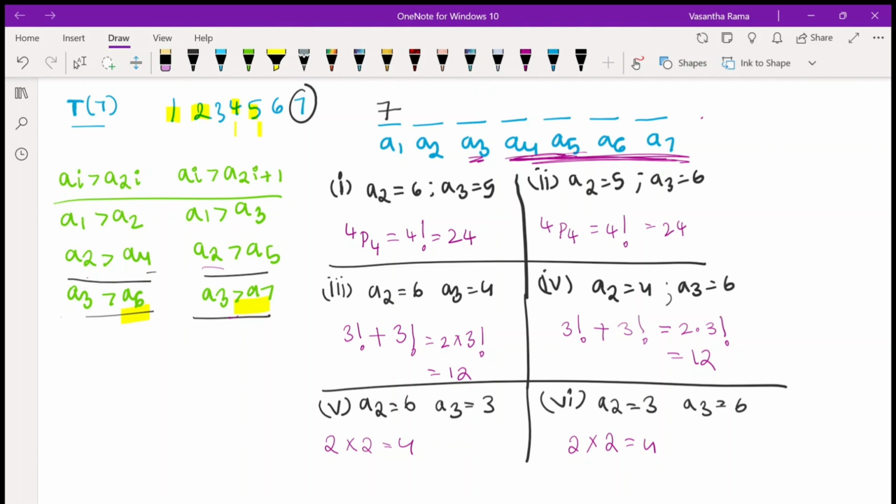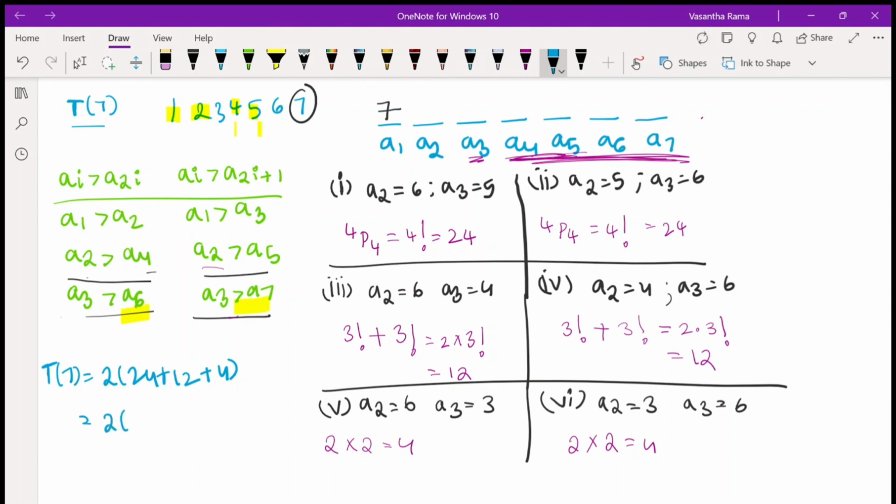So let's add them up to find out the total number of arrangements that are possible and also satisfy the conditions. That would be 24 plus 24 plus 12 plus 12 plus 4 plus 4, which is equal to, let's solve it, T of 7 would be 2 into 24 plus 12 plus 4.